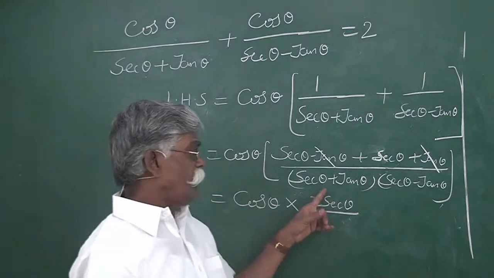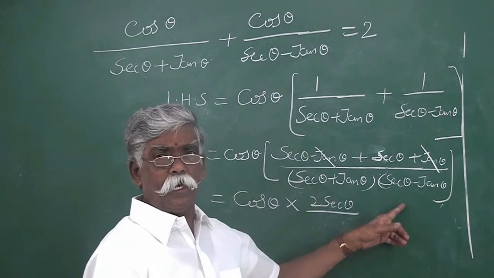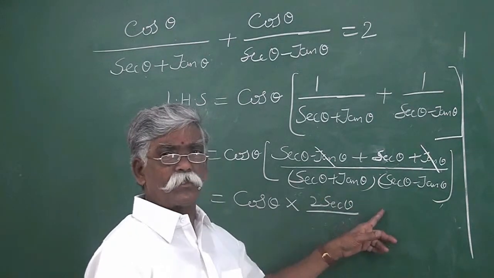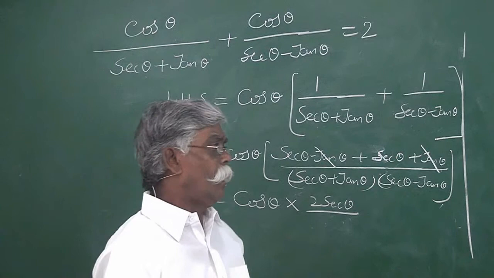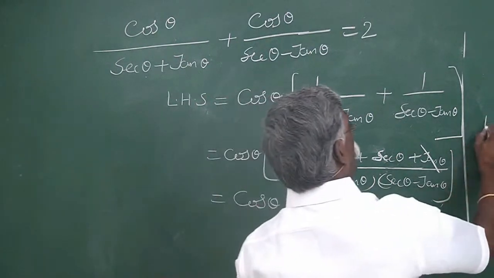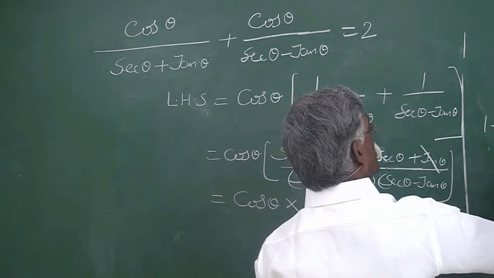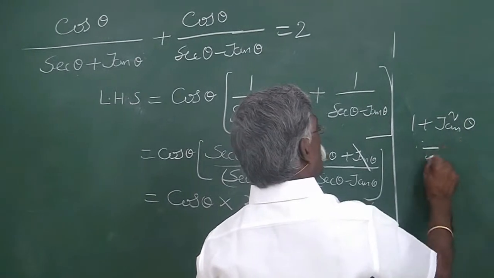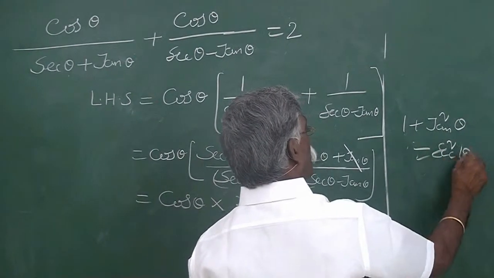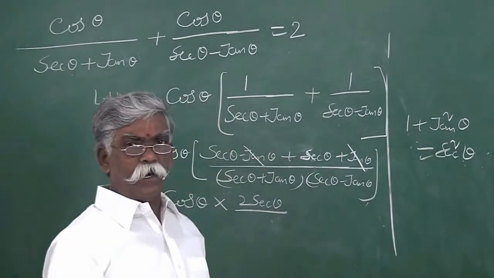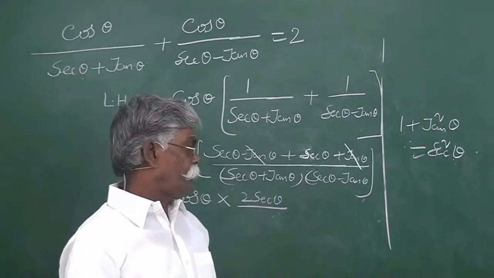Here no doubt it is in the form a plus b into a minus b, which becomes secant square minus tan square theta, and 1 plus tan square theta is secant square theta, so secant square theta minus tan square theta is 1.